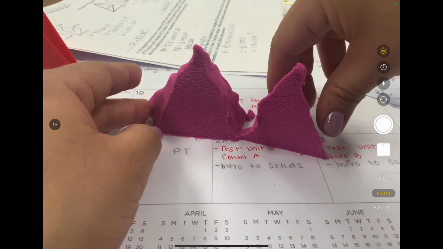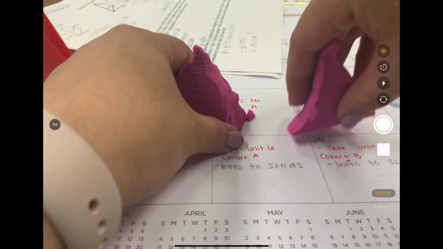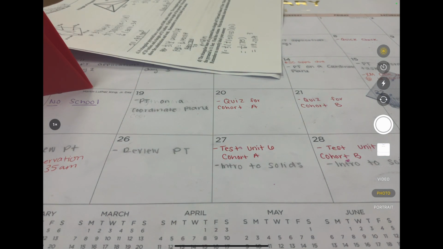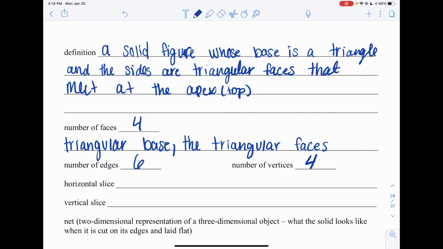Which I also end up with some type of triangle, okay? Now, obviously, it would be 10 times better if I actually had one that I can split, but that is the best I can do. So for a horizontal slice, you're going to have a triangle, and a vertical slice, you're going to have a triangle as well.